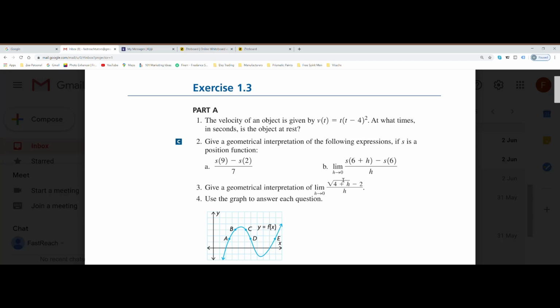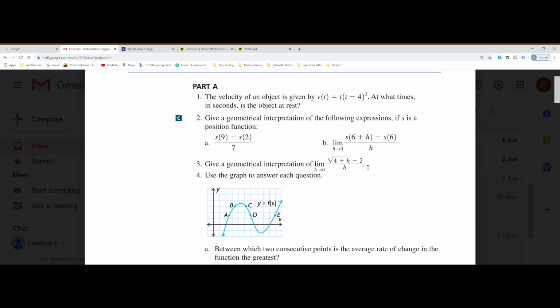So here you can tell that this is the point on which you want to find the instantaneous velocity, or the tangent, at position 6. So we are looking for the slope of the tangent at S(6).